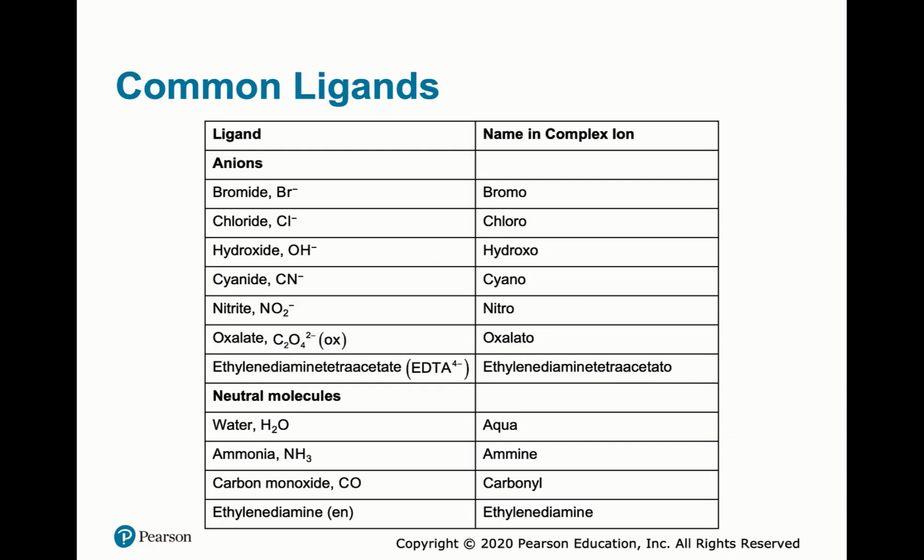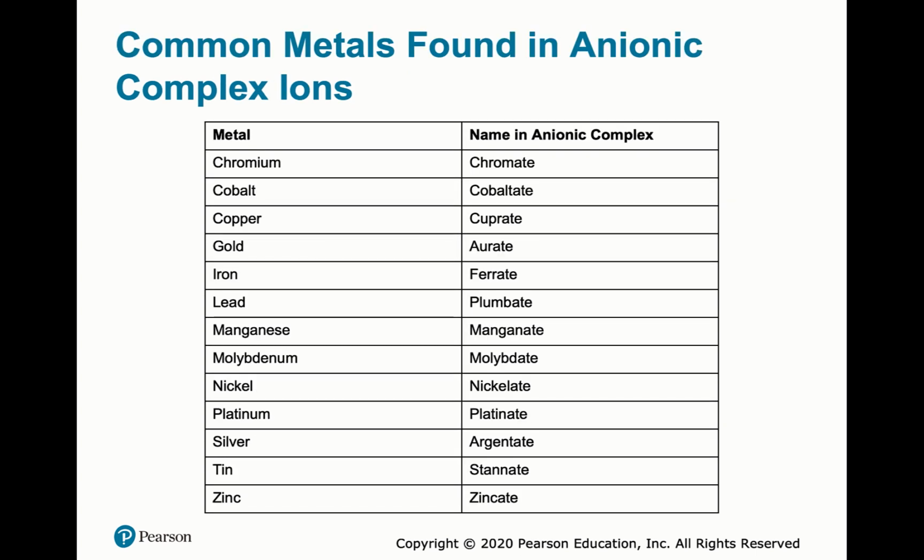So for instance, the ligands here: bromo, chloro, hydro, cyano, nitro, oxalato, and for water, aqua, amine for ammonia, carbonyl for carbon monoxide, ethylene diamine, sometimes just said EN. And same thing with the anion complex here.